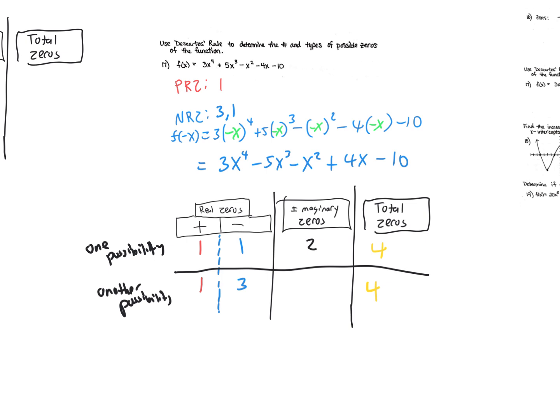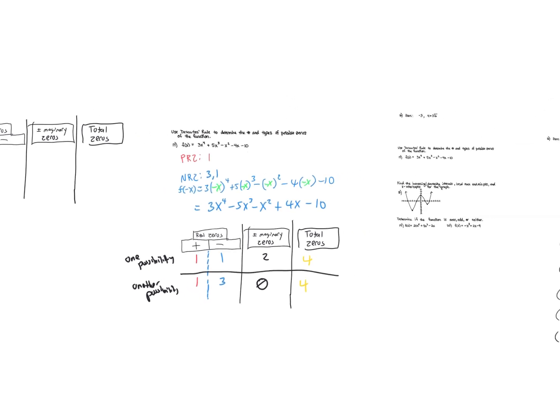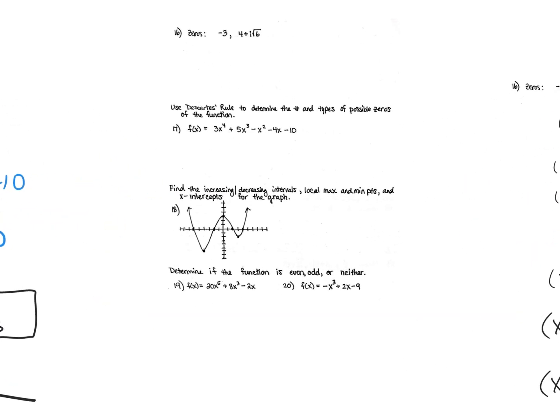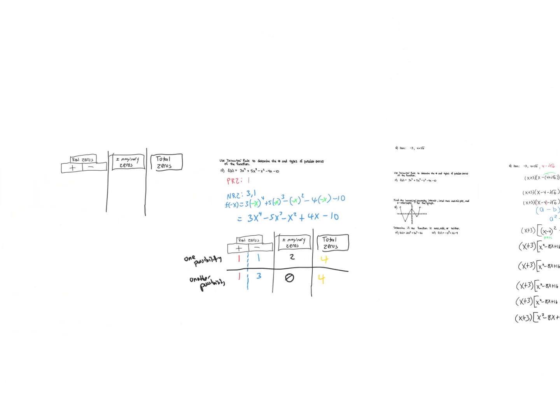For example, you might be tempted to say, well, what if we had four imaginary zeros? Wouldn't that work? Well, that would imply zero negative real zeros and zero positive real zeros, but zero was not a possibility here. Okay. In the second possibility, we'd have zero imaginary zeros, and that's certainly possible. Okay, so hopefully that makes sense. I guess that's all we need to do.